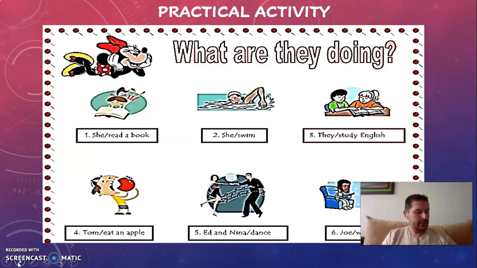To consolidate the information, they practice in a controlled activity with controlled vocabulary where the teacher gives them the subject, the verb, and a complement. And the idea is that they change or organize a present continuous sentence using the given vocabulary.